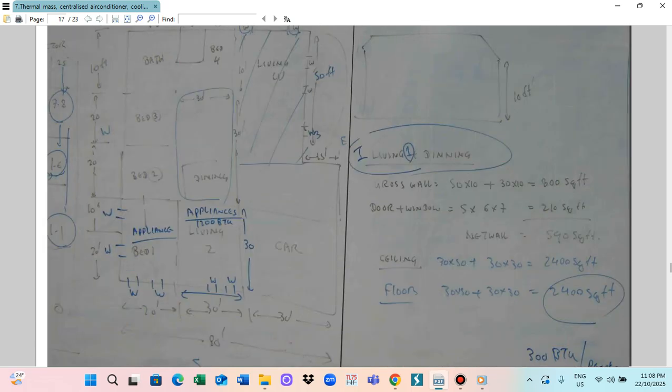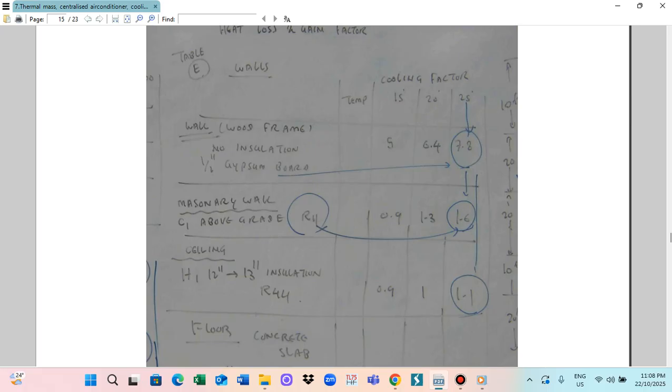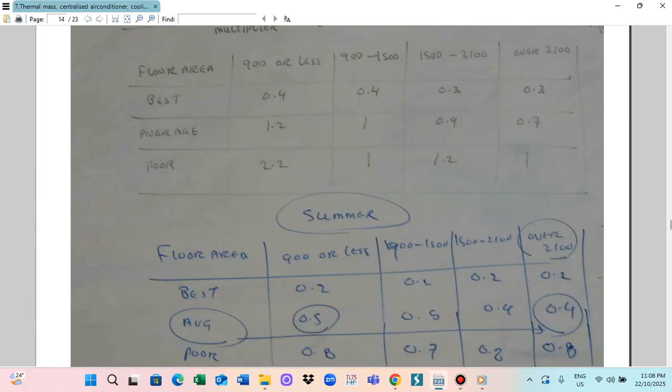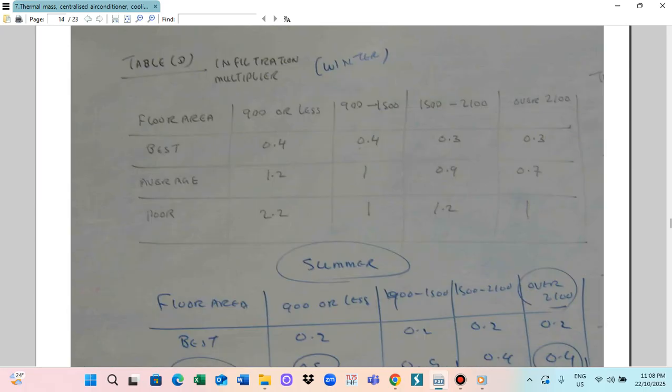Infiltration is this formula: flow area multiply ceiling height multiply 0.01833 multiply temperature difference delta T multiply factor.